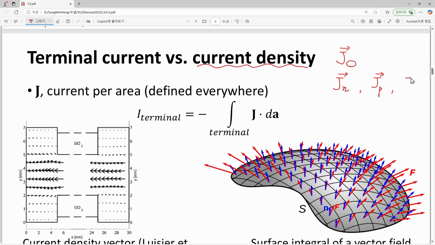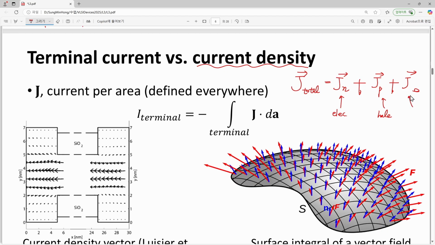Also, we can define other ones. By combining them all, we can also define the total current density. At the starting point, many students are confused by so many different current densities. Why are there so many? It is because this is for electrons, this is for holes, and this is for displacement current density.